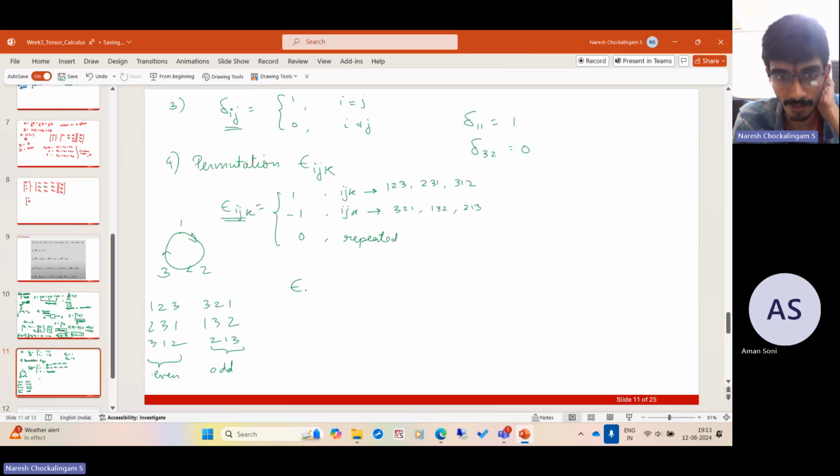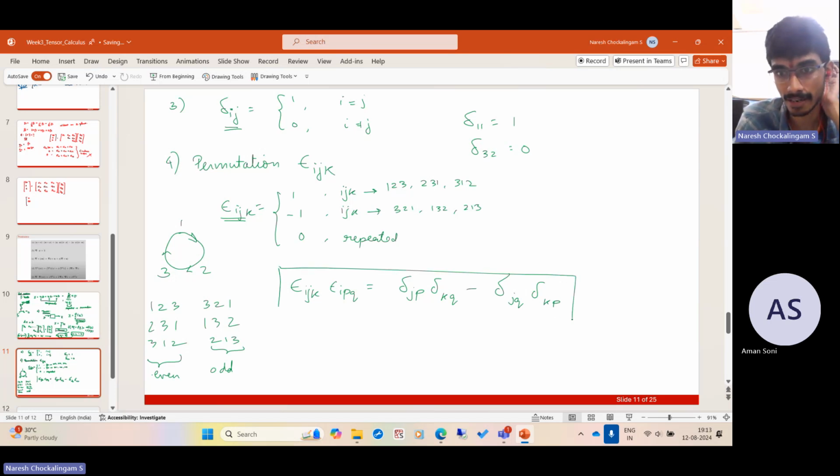If you have epsilon ijk, epsilon ipq, it is related as delta jp, delta kq minus delta jq, delta kp. This relation is very useful in proving certain identities involving tensors. So this is one set of things.